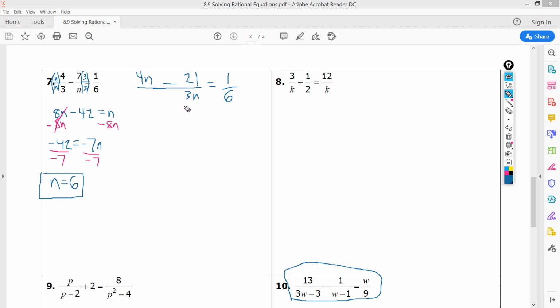Now I'm going to cross multiply. I take my 3n and multiply it up here, and I take my 6 and multiply it up here. So 6 times 4n is 24n, minus 21 times 6 is 126, equals 3n, and I subtract the 24n from both sides.